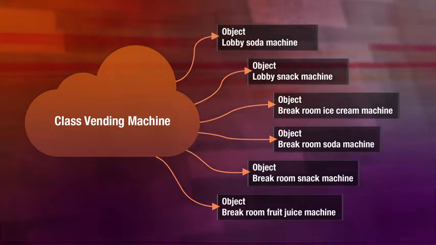So, we could also have a vending machine class, a way of referring to all vending machines. An object is just one particular instance of a more general class. For a given class, we can have lots of actual objects. In addition to the soda machine in the lobby, we might have a soft drink machine in the break room, and a snack machine in the lobby, and so forth.